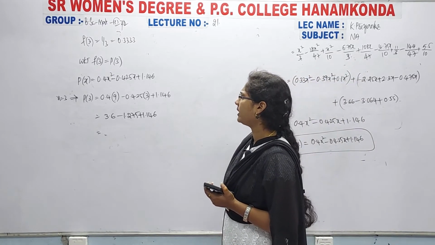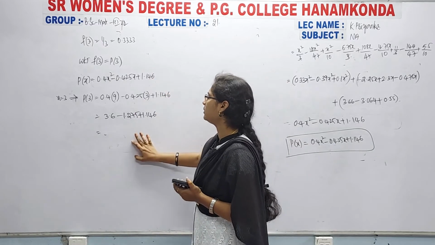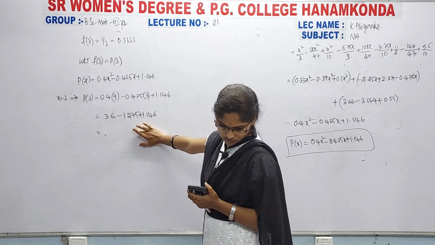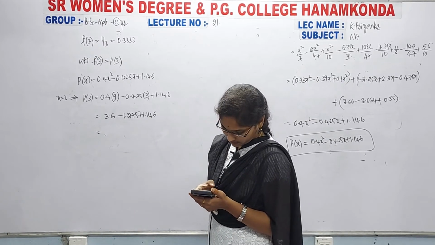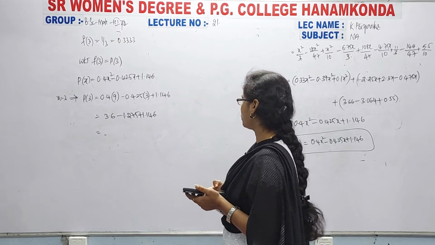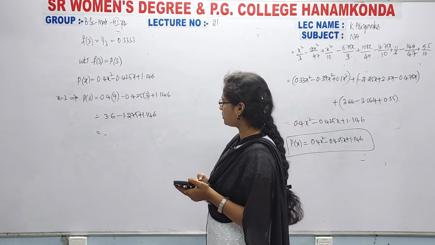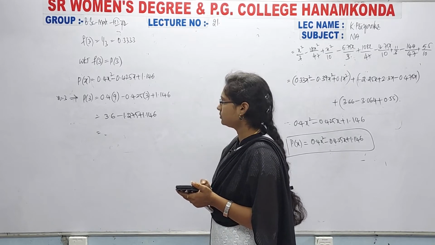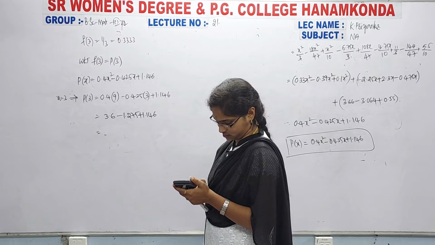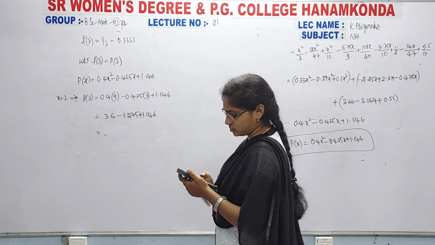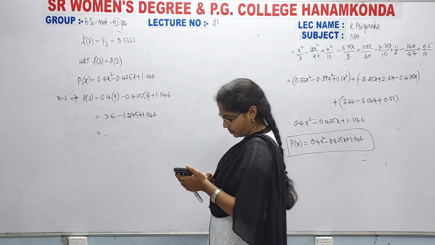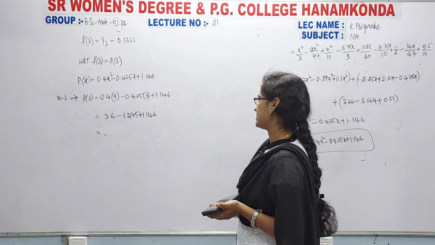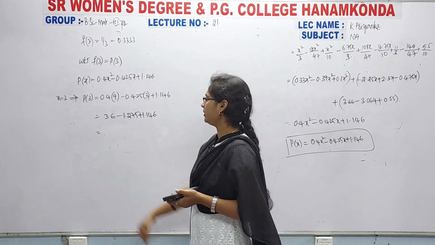Actually we have to get the same approximate value. Once calculate 9 divided by 22, 0.409. Sorry, here 0.4 into 9 is 3.6.